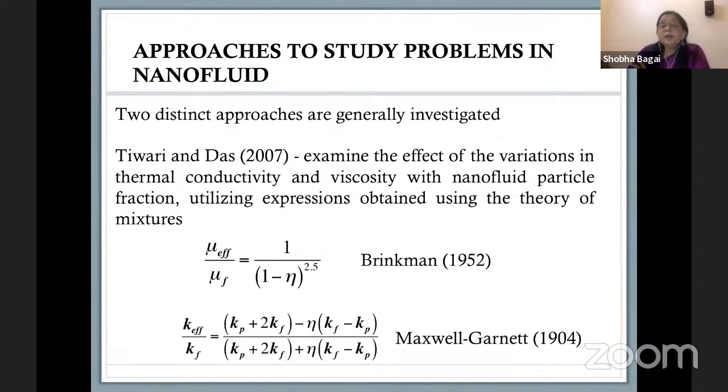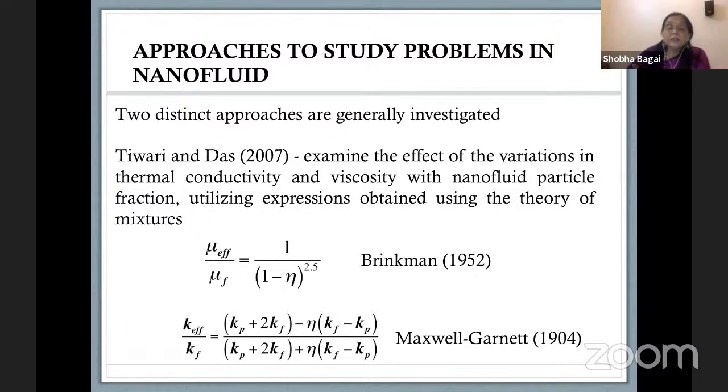Different approaches have been given by the researchers to study the problems in nanofluids. But these approaches can basically be classified into two parts. One was given by Tiwari and Das in 2007, and the approach that they developed was to examine the effect of the variations in thermal conductivity and the viscosity of the base fluid with the nanoparticle fractions.